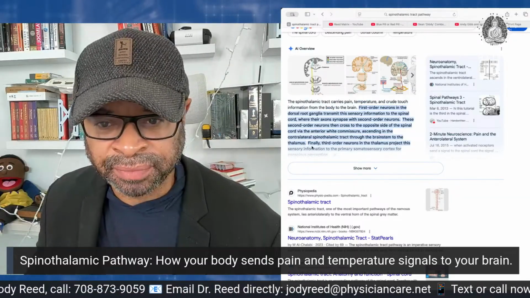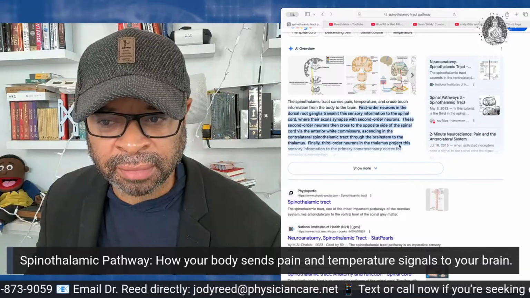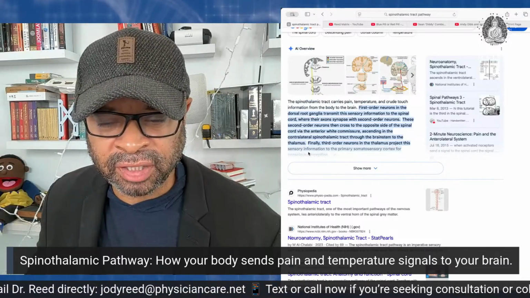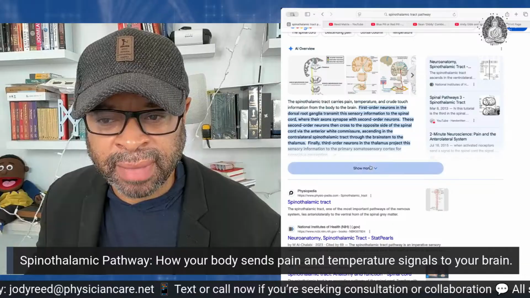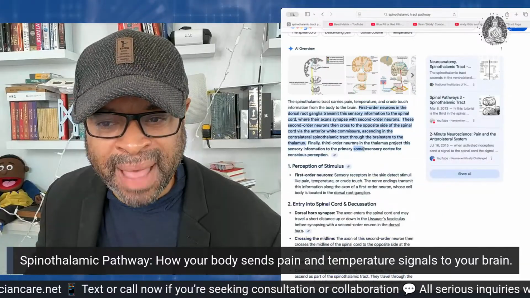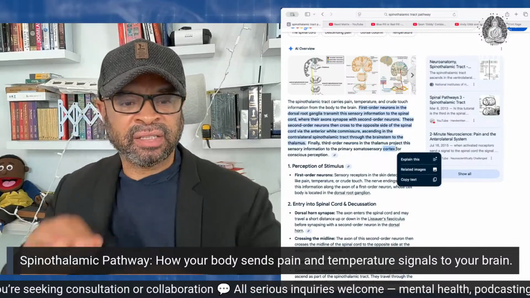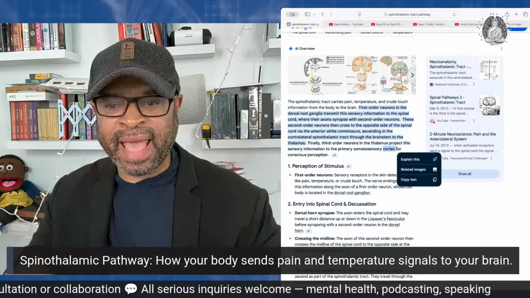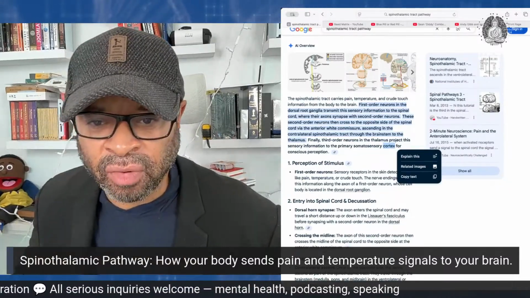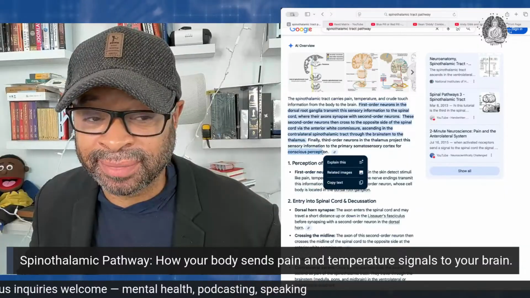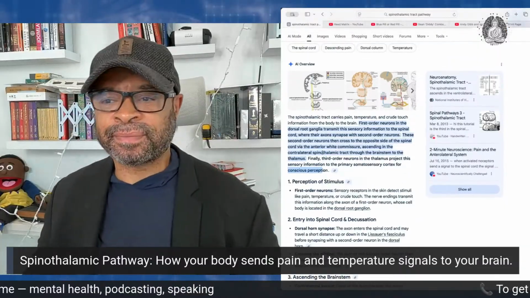Spine, thalamus. Finally, a third order neuron in the thalamus projects this sensory information to the primary somatosensory cortex, because this is from the somatic system, right? It's the somatic sensory cortex for conscious perception.